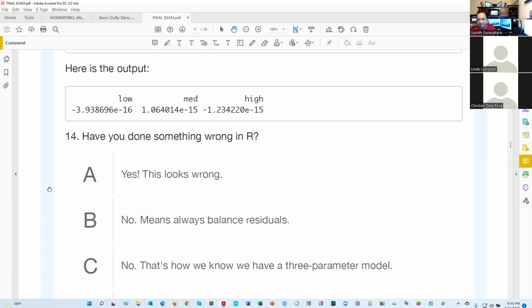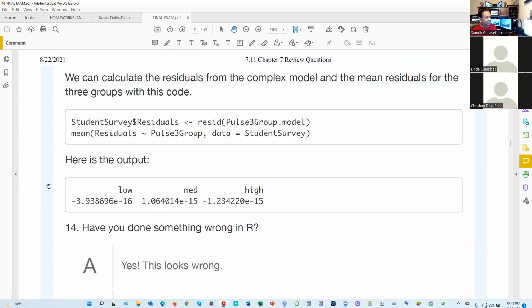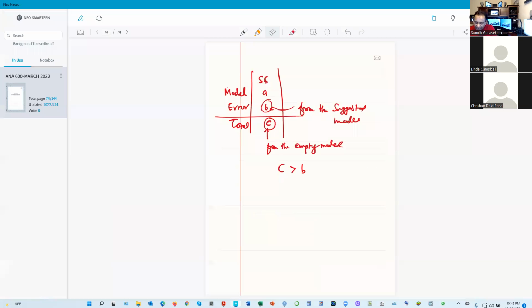No, the mean always balances the residual, because this is 0. The mean of each group would be 0. That's the interesting part. This is what they are trying to say. You're going to see this phenomenon later on down the road in other classes. Let's say you have a low group, medium group, high group.